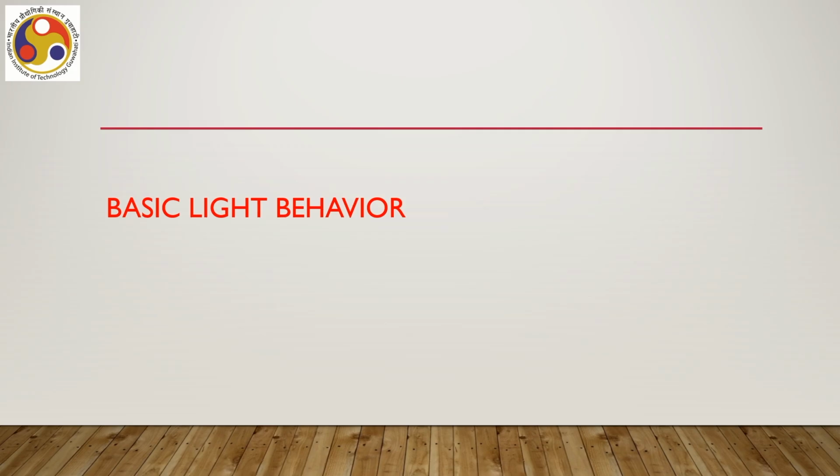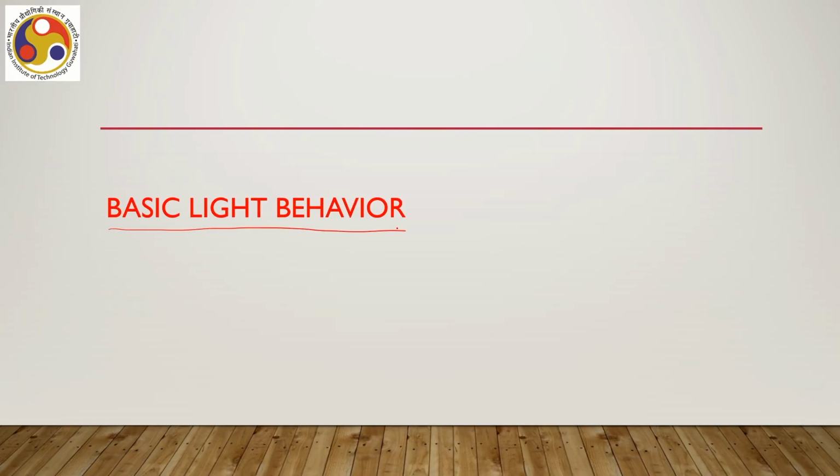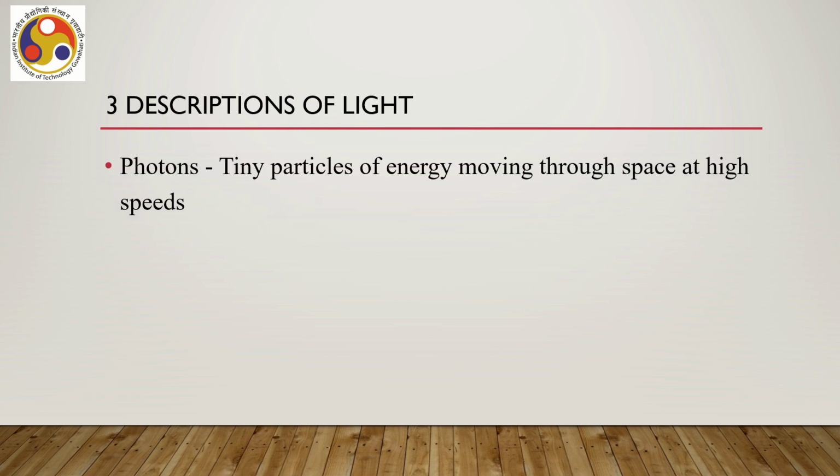Now, let us start our discussion on basic light behavior. Unless we know this, we will not be able to understand how the visual perception works. Now, when we talk of light, we can have three different descriptions of what a light is, how to define a light.